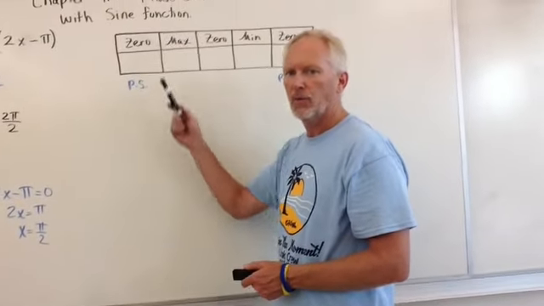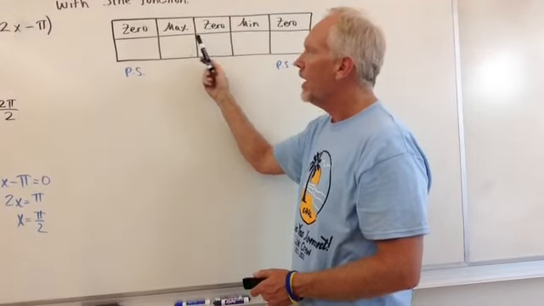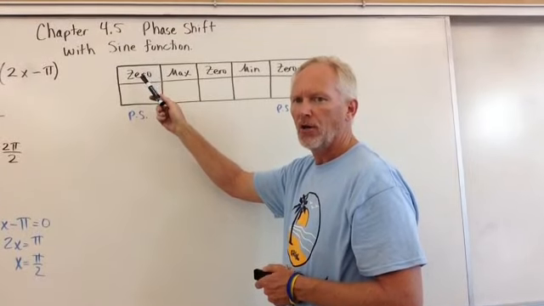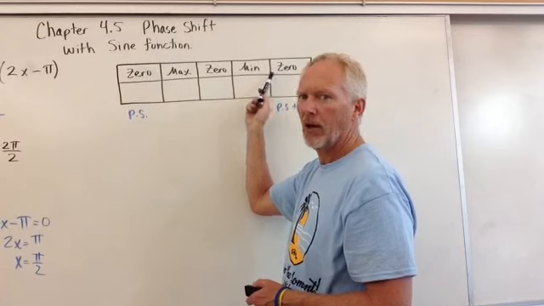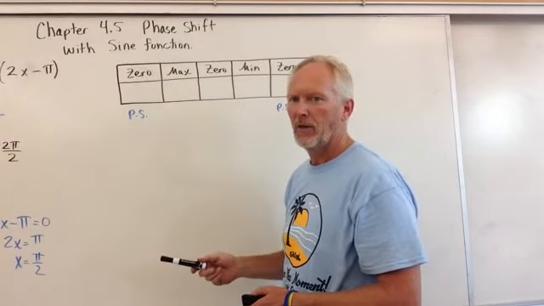Now, if you recall in class, we've been going over this 5-key point method. And we know that the sine function goes from 0, max, 0, min, 0. So what we need to do is fill in these boxes here with the values.